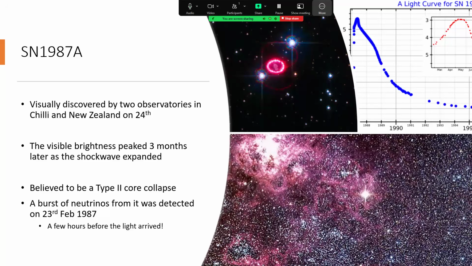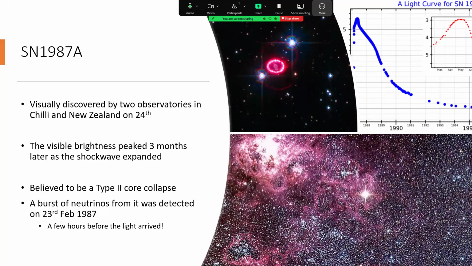So 1987A was discovered on the 24th of February that year in observatories in Chile and New Zealand, and got brighter and peaked in its brightness about 3 months later as the size of the shock wave coming out expanded.